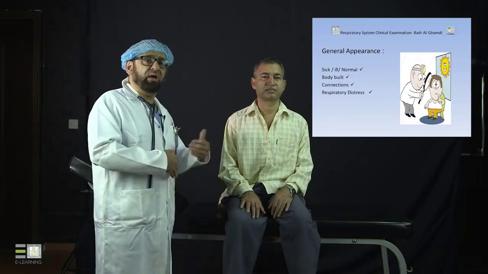Simple body build, you don't have to be complicated. Whether your patient is obese or wasted, underweight, these are normal body builds. And then you look at connections and signs of respiratory distress. I will give you more about this as we go through.